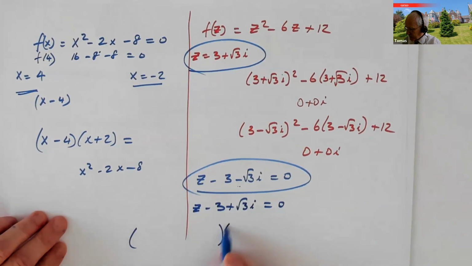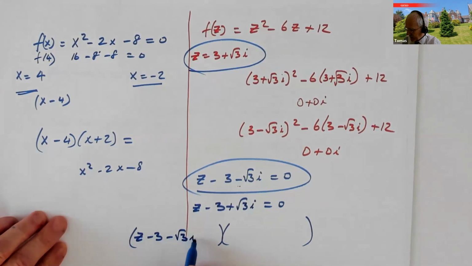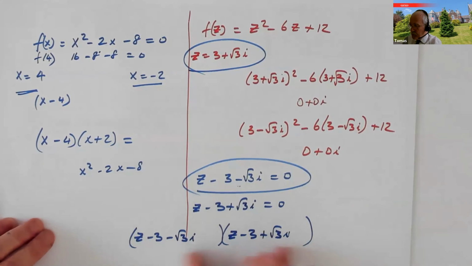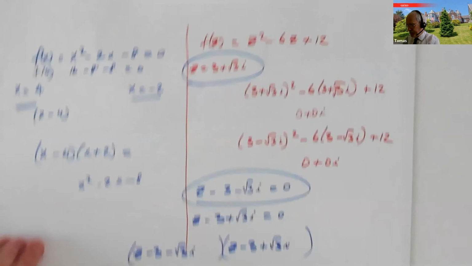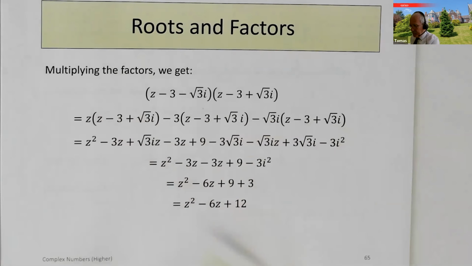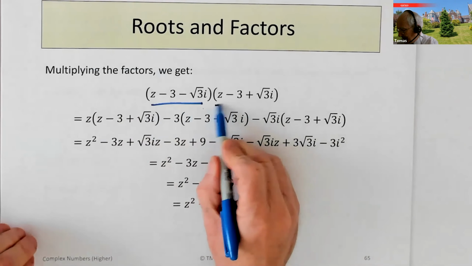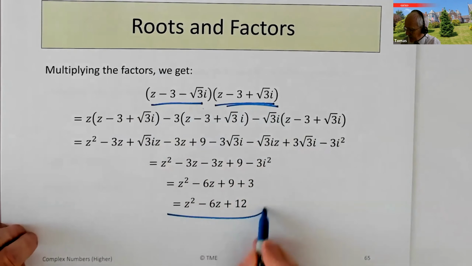And that by that, z minus 3 minus root 3i by z minus 3 plus root 3i, must also be the equation.